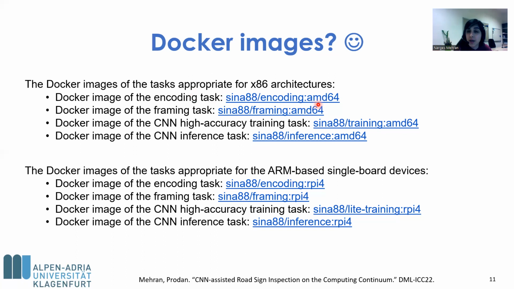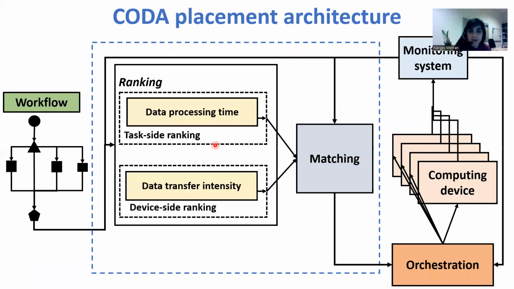So it can merge the same Docker images that have been prepared for different types of architectures. All of these images are provided in the Docker Hub repository for your consideration.